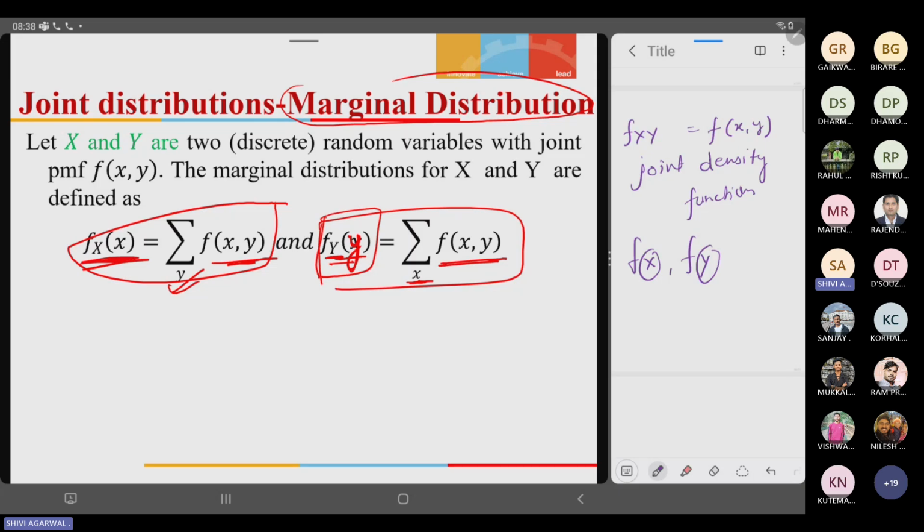Be careful about it. We are not using the same symbol; we have to make a change in that symbol. Make a change means what? We use the subscript x, subscript y. If you are not using the subscript, it means we are using the same function, which is not correct. Always the definition of this function comes out different.